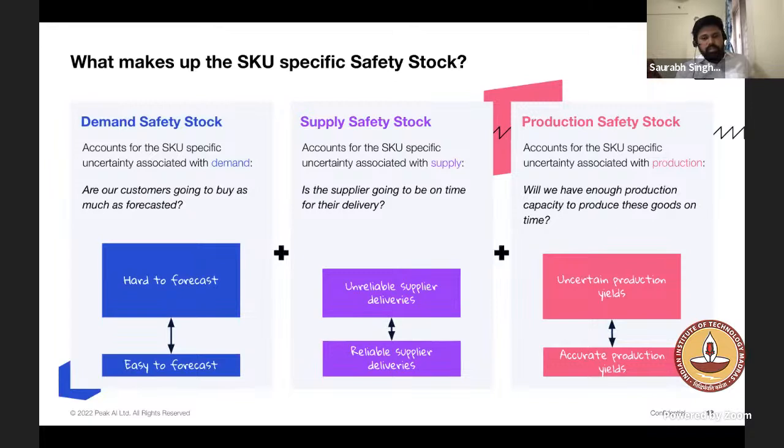Which affects your production side uncertainty. In that scenario, if this is more uncertain, then you have to keep more safety stock. And if it is very accurate, your production lines are smooth and have accurate production yields, in that case you will need to keep very little safety stock.